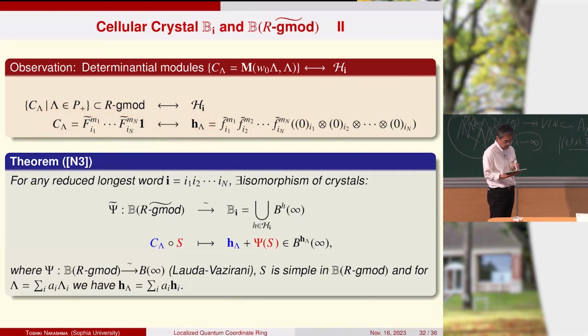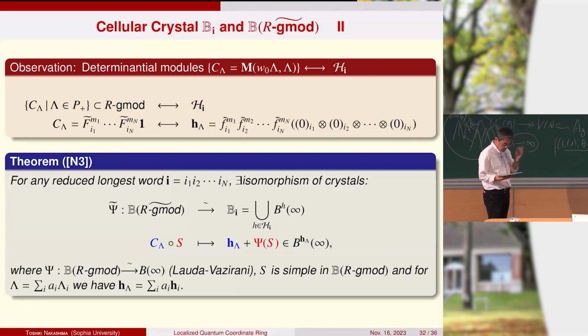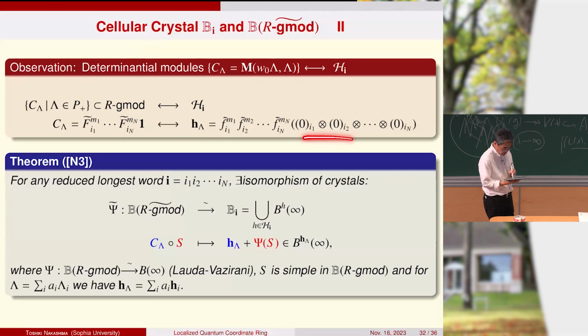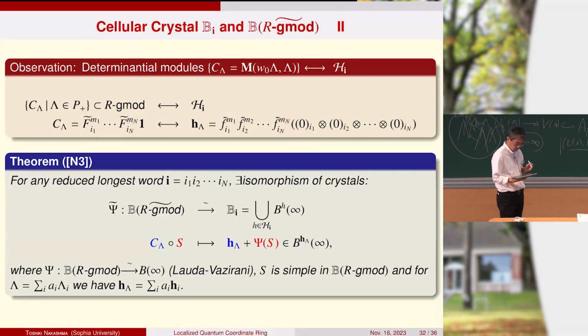If lambda is I, this is the determinantal module. Here, 1 just corresponds to this element in the tensor product.